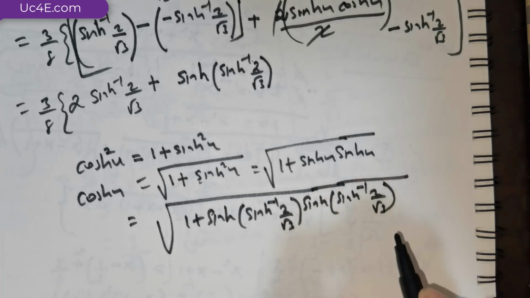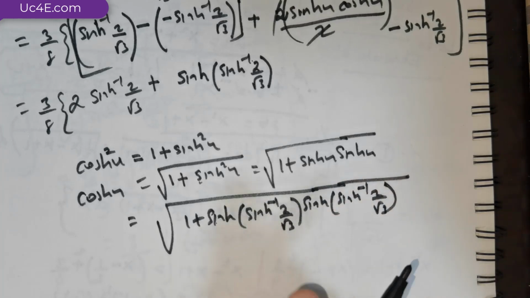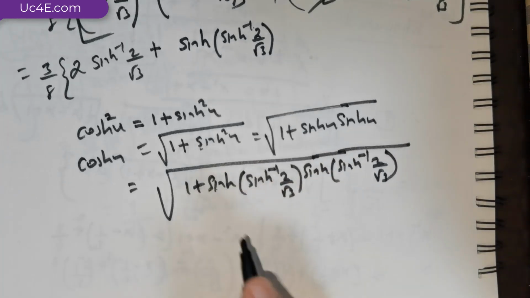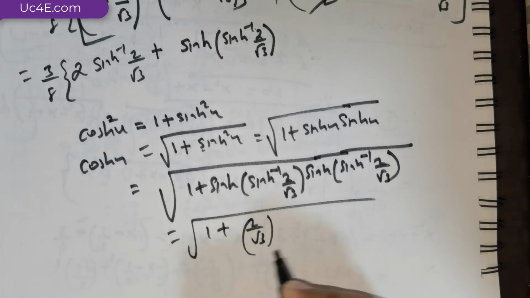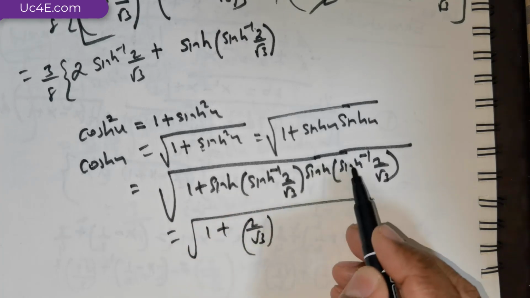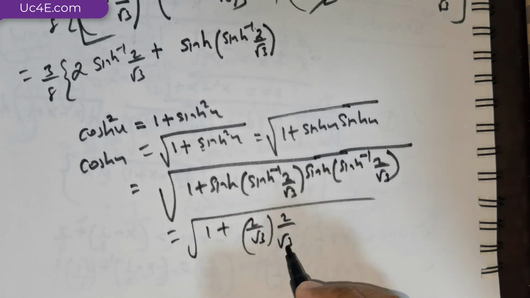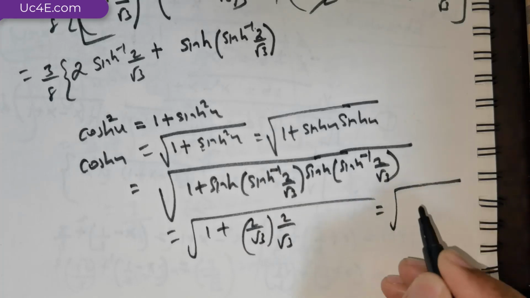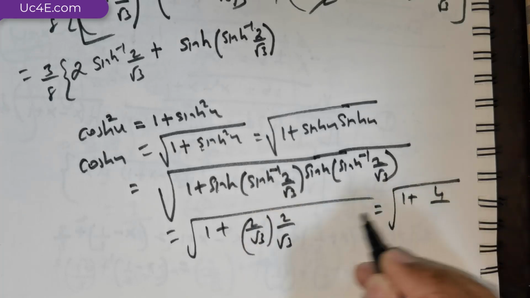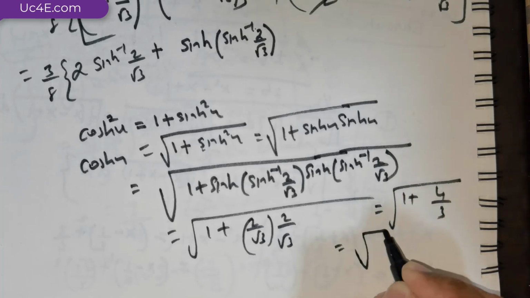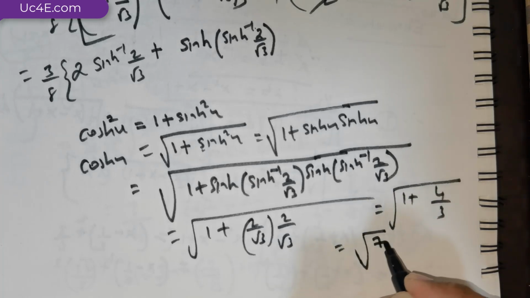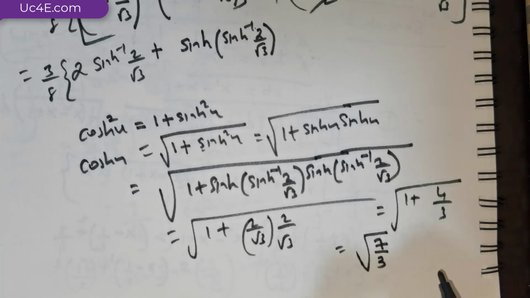This is what we have got, right? So sin and sin inverse get cancelled, giving me 2 over root 3. So this is going to be 1 minus 2 over root 3 times 2 over root 3, which is equal to root of 1 minus 2 times 2 is 4, root 3 into root 3 is 3. You take the LCM, this is going to be root of 7 over 3. This is what I've got, root of 7 over 3.